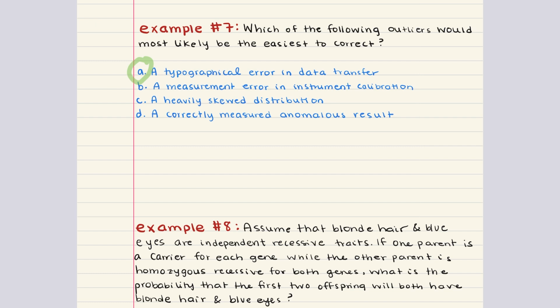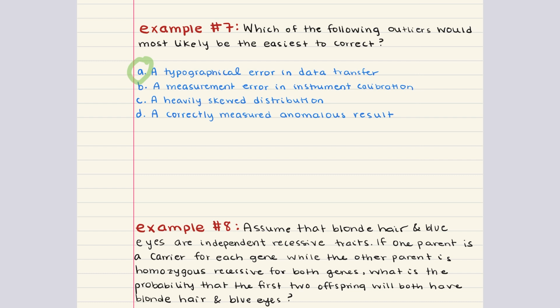And correcting for this kind of error usually involves identifying the exact calibration error, then recalibrating the instrument, and then possibly repeating all of the measurements. So while it can be addressed, it is significantly more time-consuming than fixing a simple typographical error.